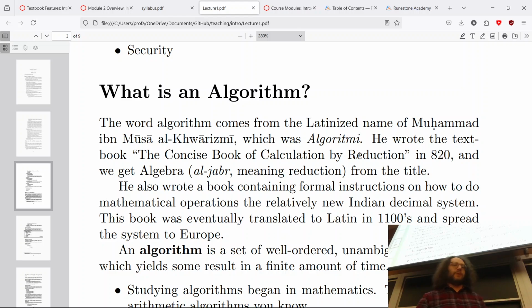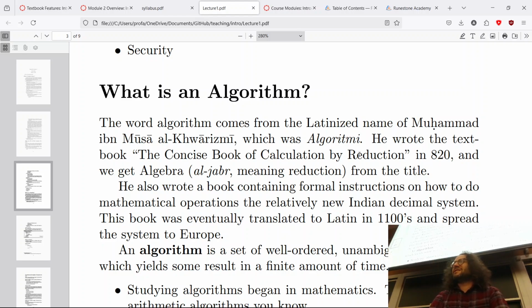He wrote a textbook called The Concise Book of Calculation by Reduction in 820. And we get the word algebra from the title of that textbook, Al-Jabr. He also wrote a book alongside it that contained formal instructions on how to do mathematical operations in a relatively new numerical system that came out of India.